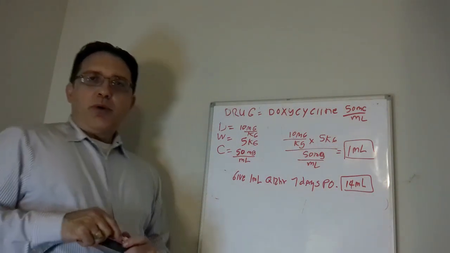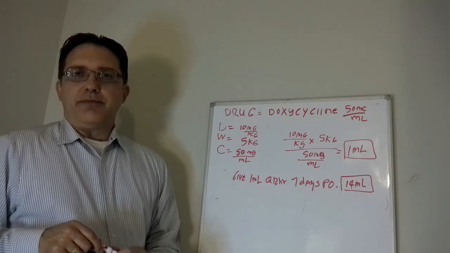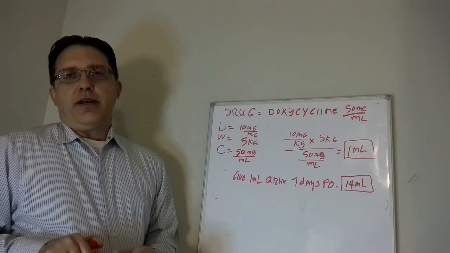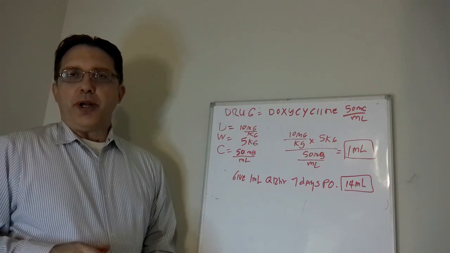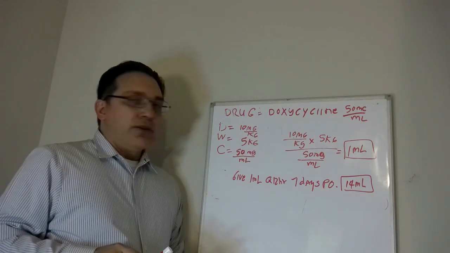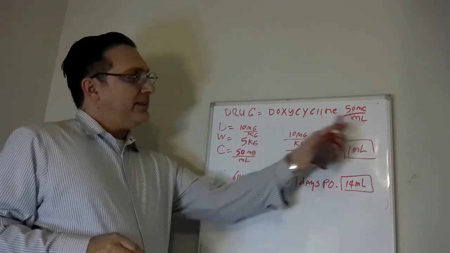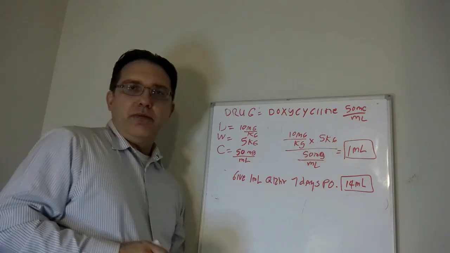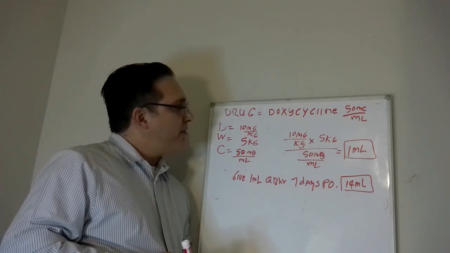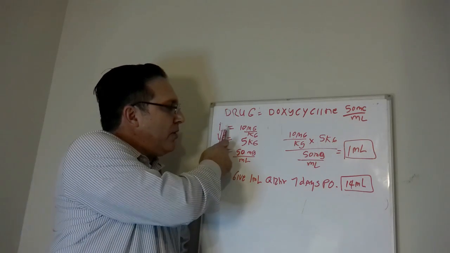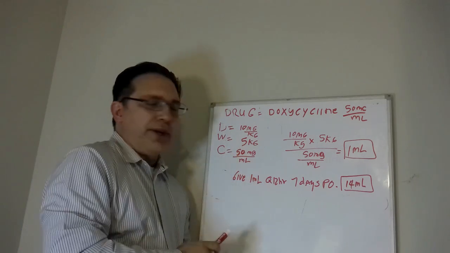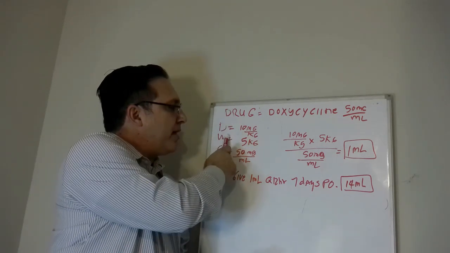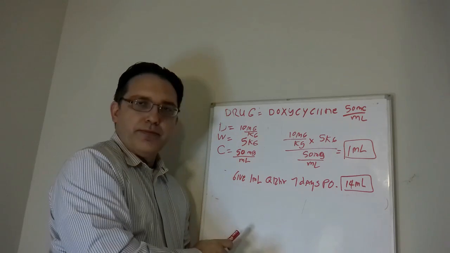In this example, we're gonna dose doxycycline. This medication is given for animals that have upper respiratory diseases. So the drug is doxycycline, that's the concentration, 50 milligrams per ml. So we have the dose times weight divided by concentration. So we multiply these two, divide by this one.